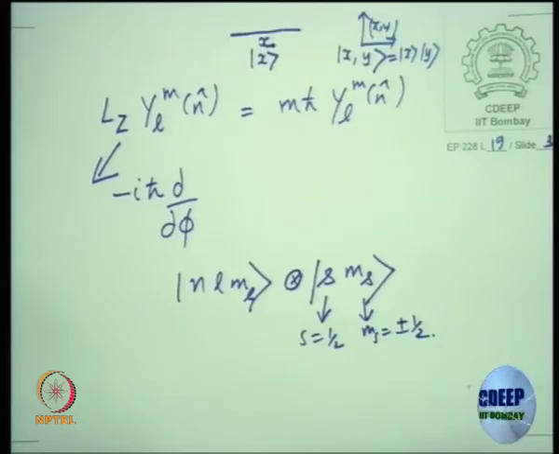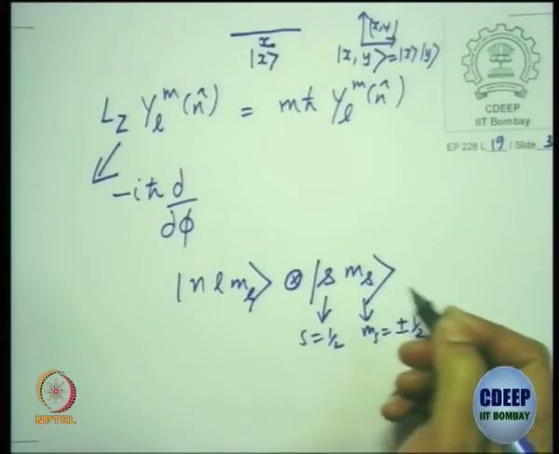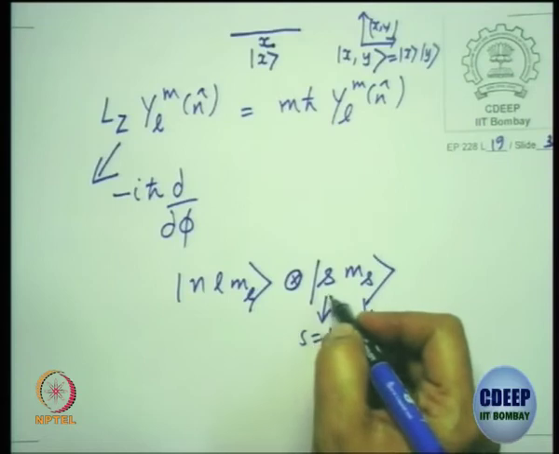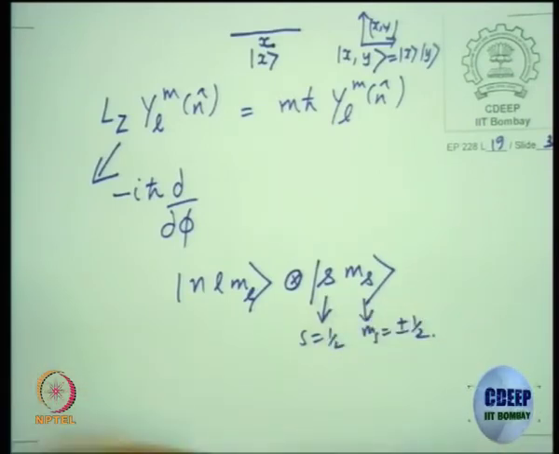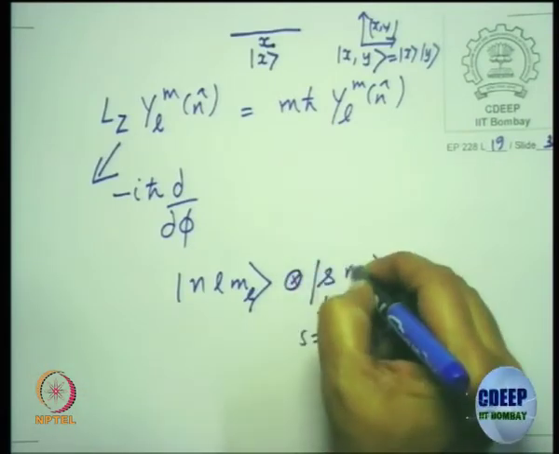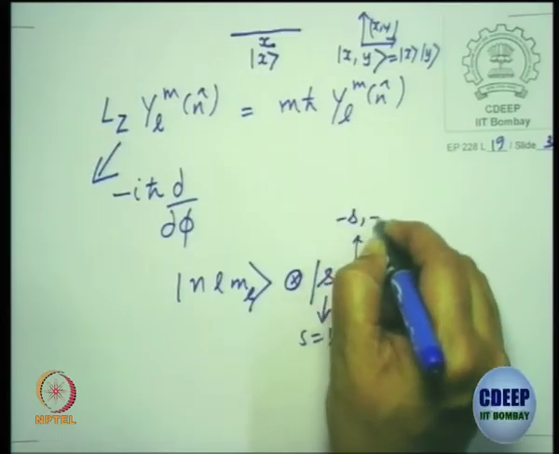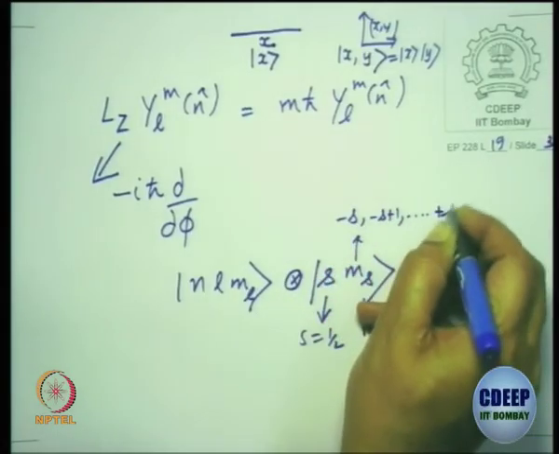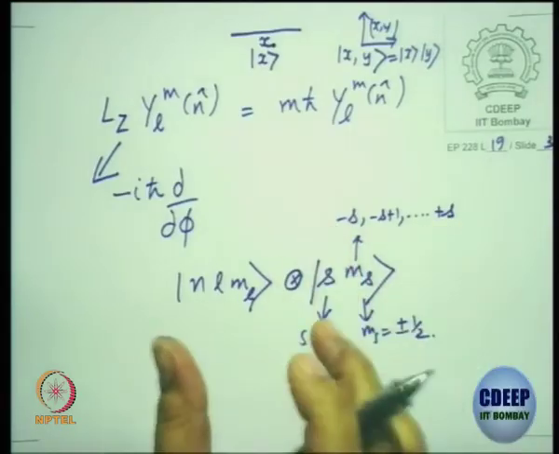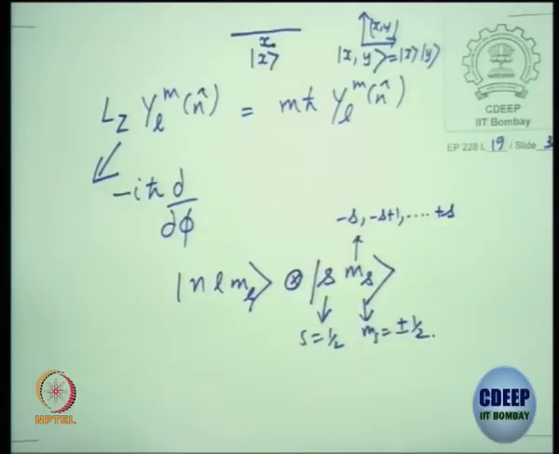It goes from minus S to plus S. Is the motivation clear? How this S equal to half is pushed in from the experimental data? Because you have two splittings only seen, not more than two splittings. Yeah. So that is why. If you take S to be half, the magnetic quantum number corresponding to the spin quantum number will go from minus S to plus S in steps of 1, right? And I want this to be only two states. There are only two lines splitting seen.